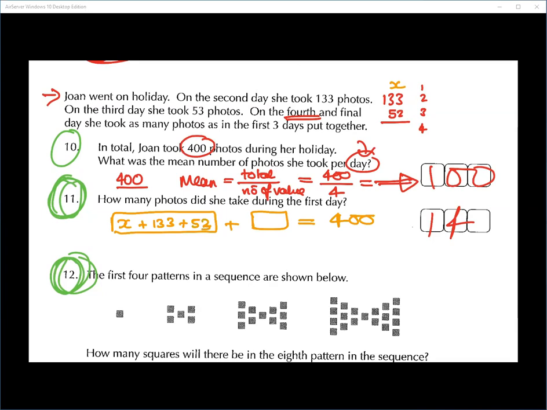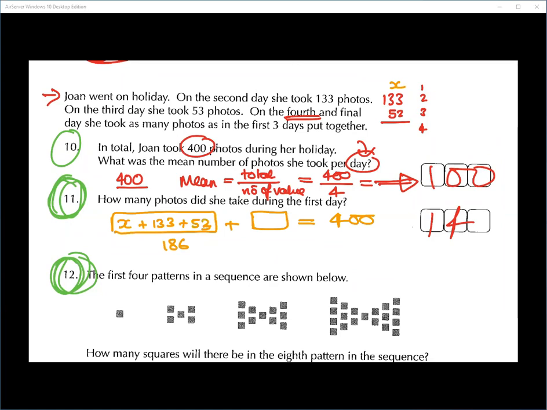That'll give you 186. Okay. So now it goes here, and the fourth day is from the first 3 days put together. Okay. So in the last 2 days, it's supposed to be 200. So on days 2 and 3, she took that many, isn't it? So how much did she take on day 1? What do we do? We do 200.